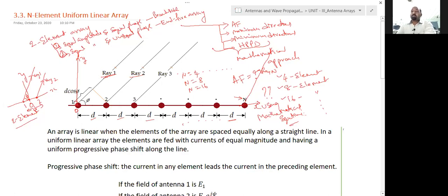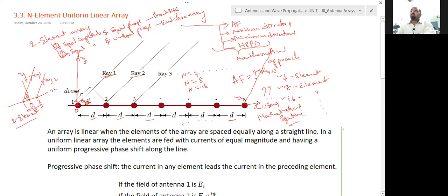And this makes an angle pi. Same procedure, same discussion I'm going to make here.